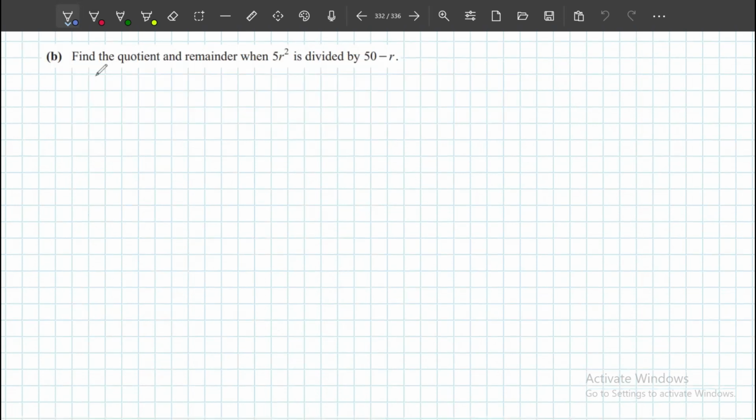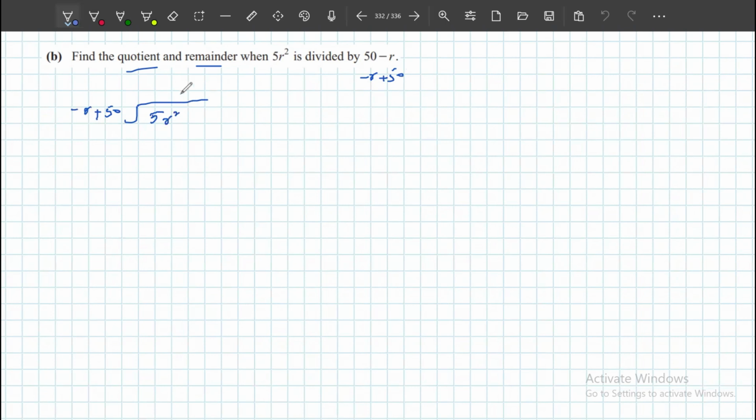So in B part, find the quotient and remainder when 5r squared is divided by 50 minus r. So we will check. 50 minus r, we can say that minus r plus 50. So minus r plus 50. My dividend is 5r squared.